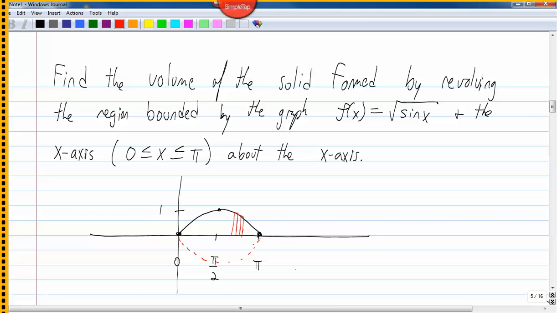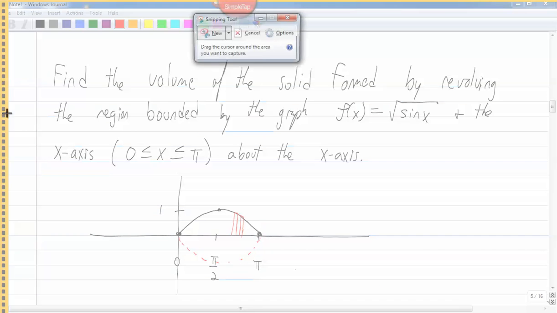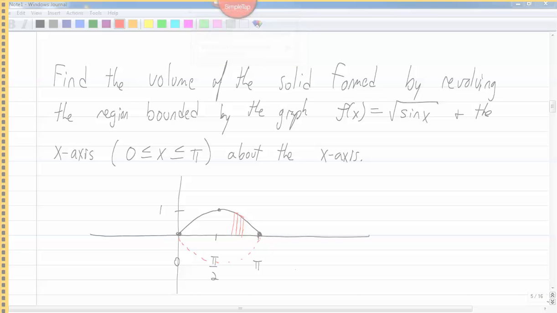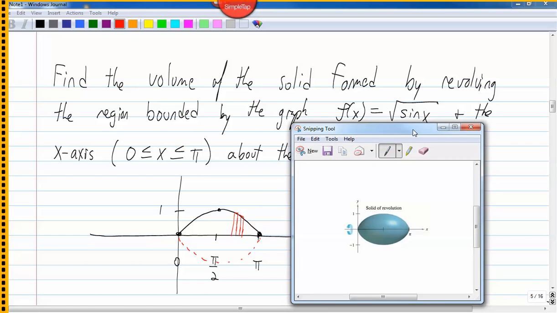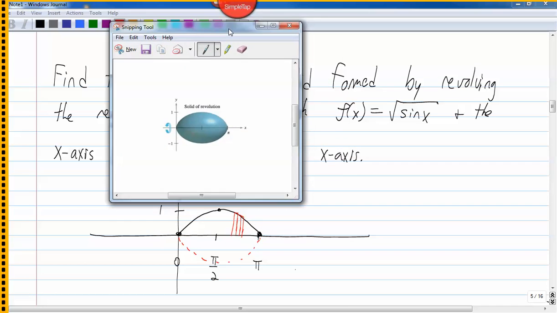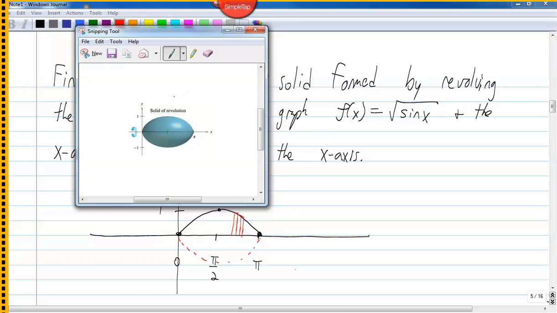It'd kind of be like a football, probably more like a rugby ball or an egg shaped figure. It looks something like this here. And so we want to figure out the volume of this shape.